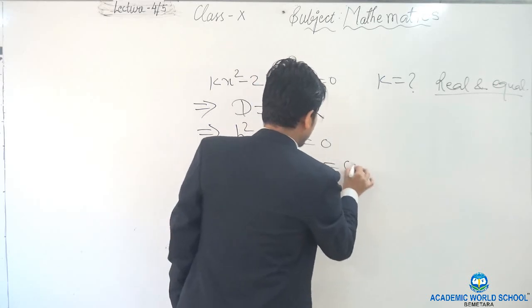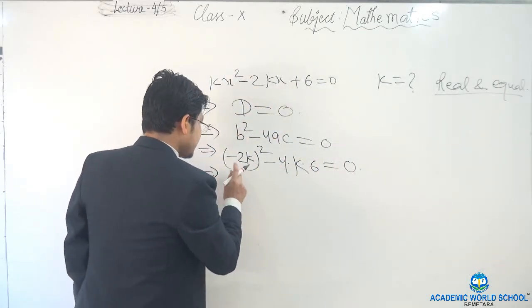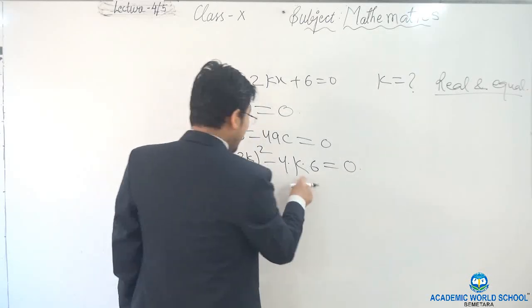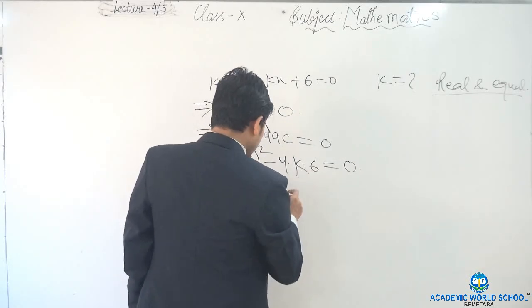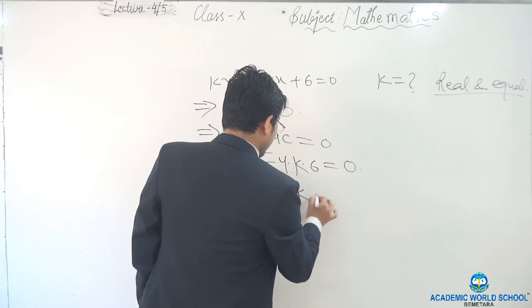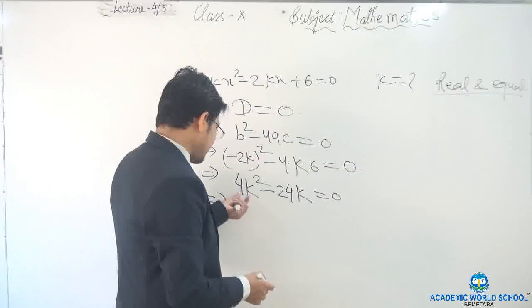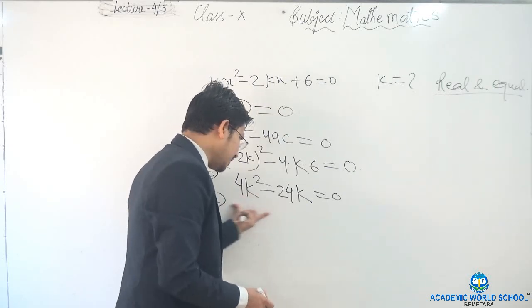Okay, so this would be equal to 0. So now this is 4k square minus 24k is 0.